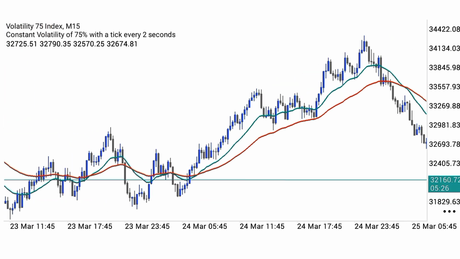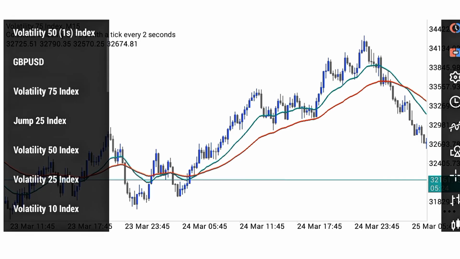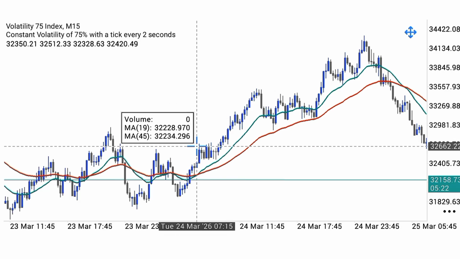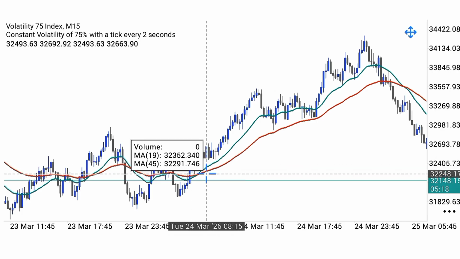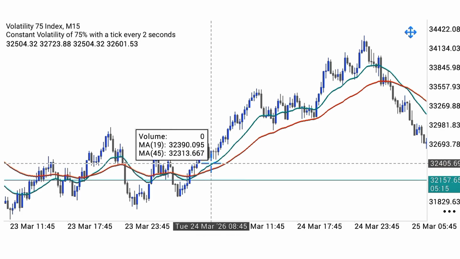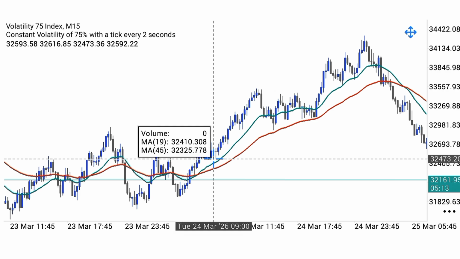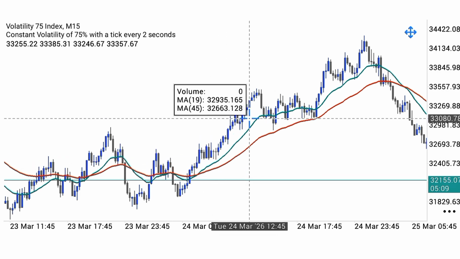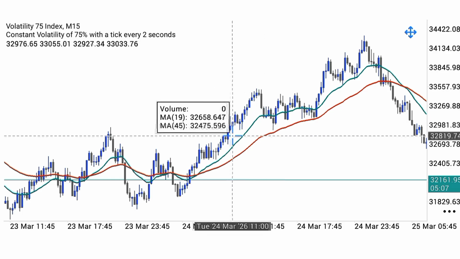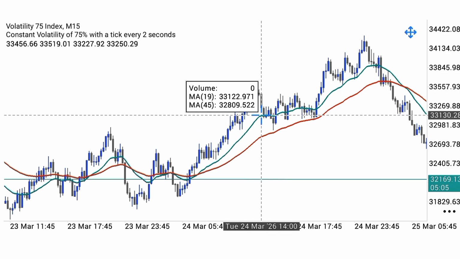So in this example, you can see that the market crossed over the moving average here. The green candle crossed over the red candle here. And when it crossed over, the first price movement that touched the moving average was at this point.